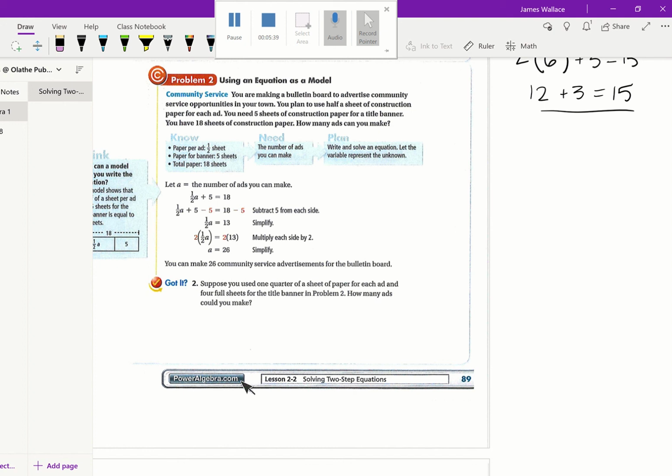Okay, so we've got a lot of information here, right? The first thing, just reading through this the first time, is I noticed it was going to be easiest if we just work through it backwards. The first thing I'm seeing is it says right here, how many ads can you make? Whenever you see how many of something in a word problem, you know that's going to be your variable. So how many of what?